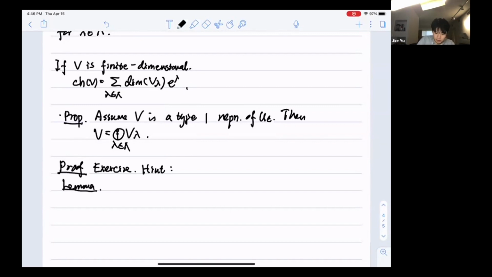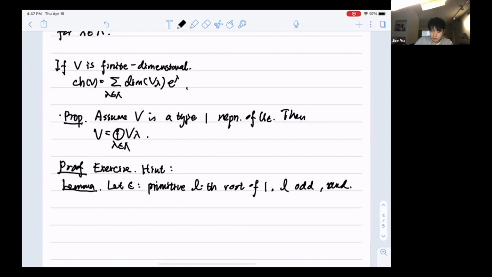So let's say ε is a primitive l-th root of unity. Of course, l is odd. And let r and s be natural numbers.